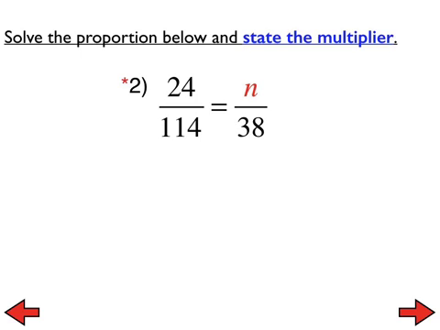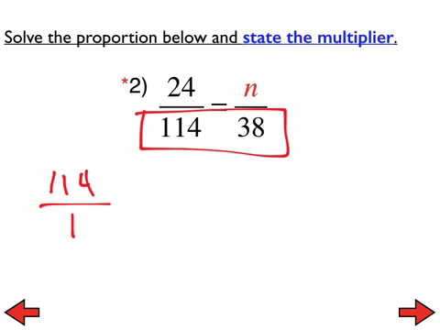Here's number 2. Again, we want to find what n is, so we need to first look at the numbers we know. 114 times what is going to give me 38? Carlos? Good, 1/3.